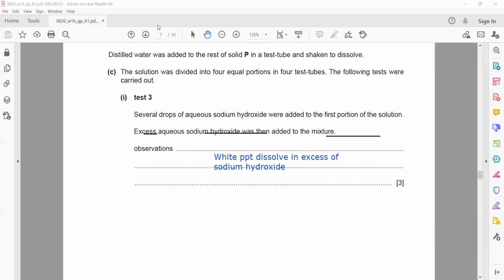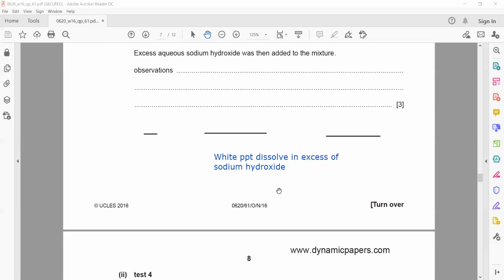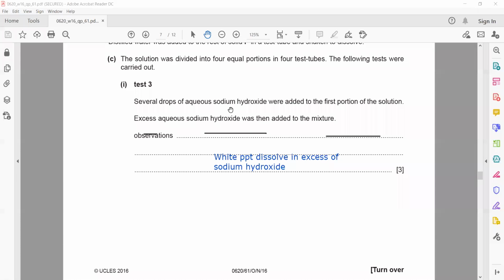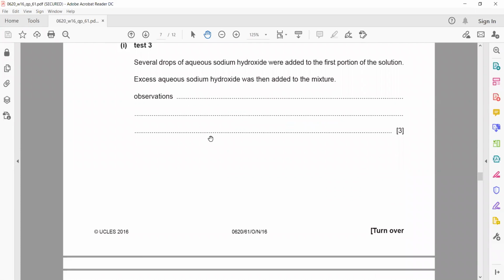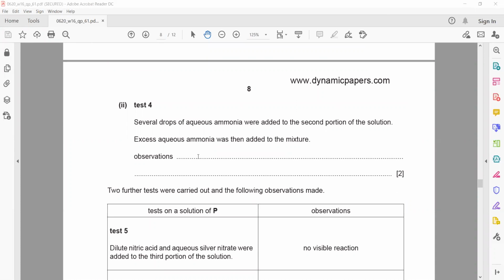With aqueous ammonia it does not dissolve. So here the answer: when we add sodium hydroxide, it should be a white precipitate first and then dissolve in excess. And for aqueous ammonia, it will be a white precipitate that does not dissolve in excess.